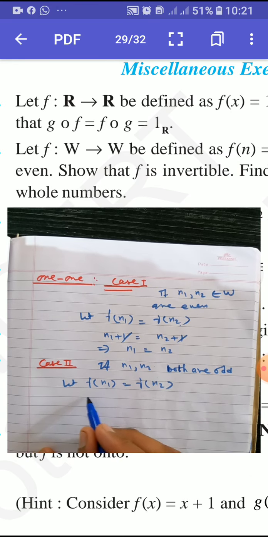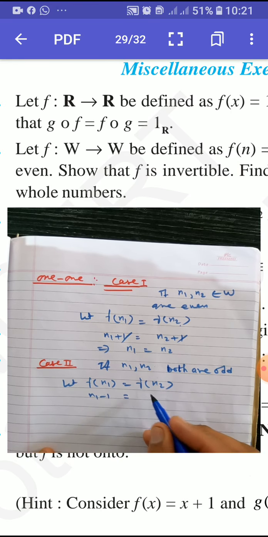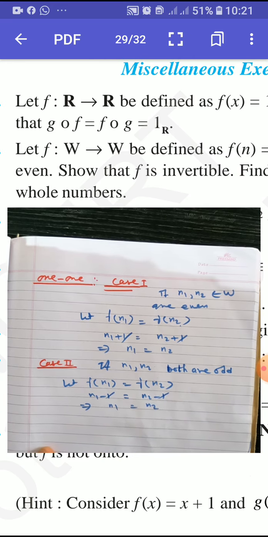In the odd case, n1 - 1 = n2 - 1, which implies n1 = n2.